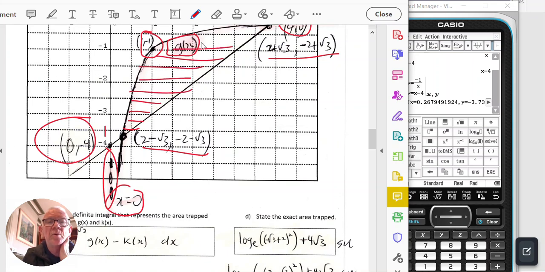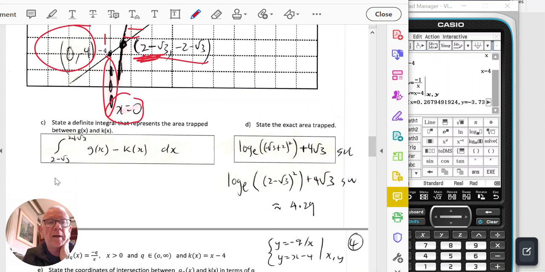And obviously it will be from this x value to this x value, top curve minus bottom curve. And you are allowed to put g of x minus k of x as part of the definite integral.